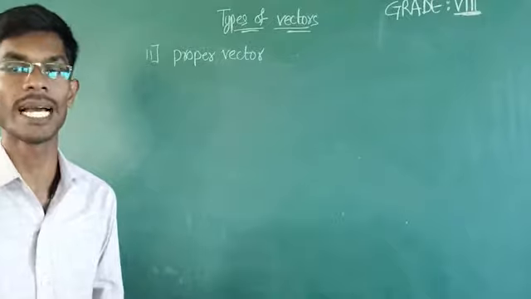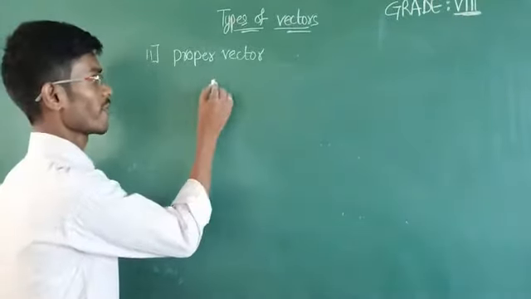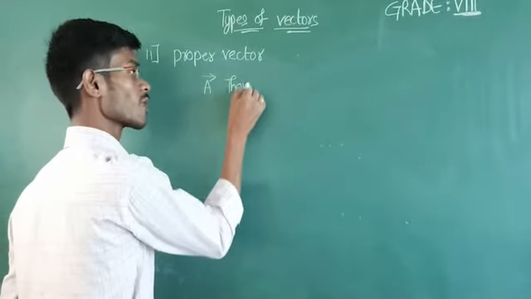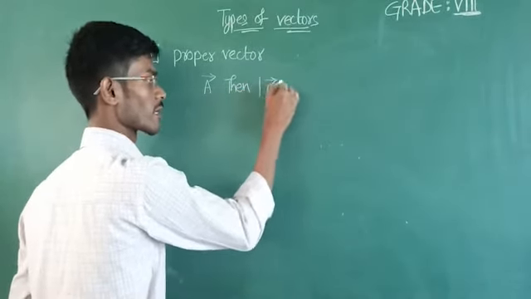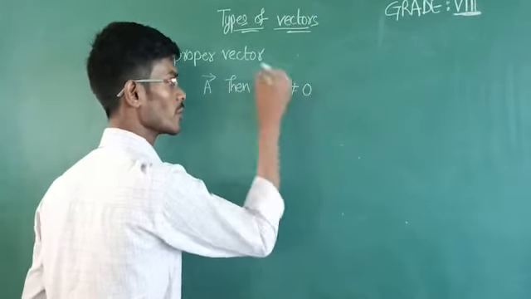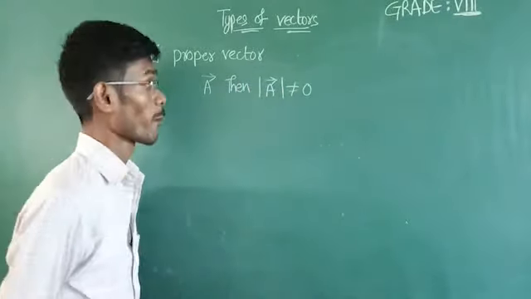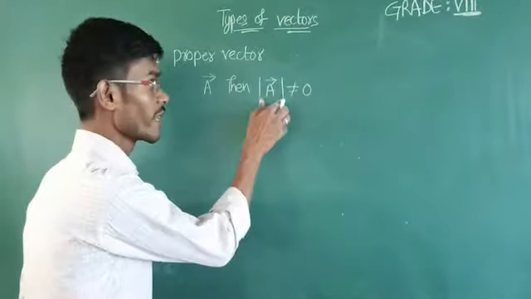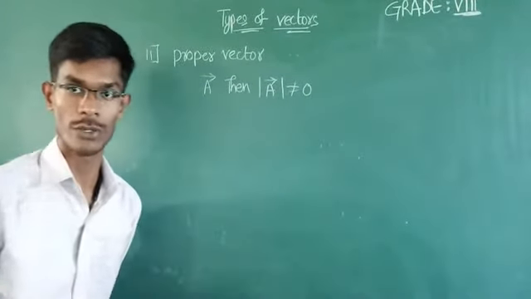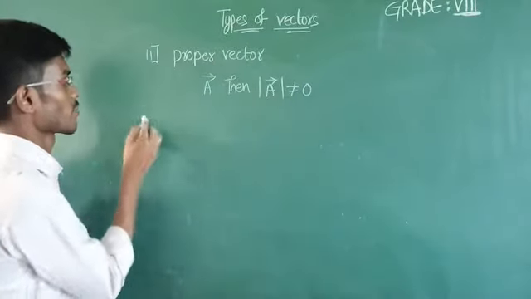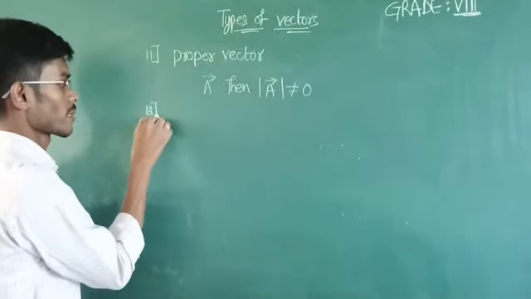If I consider a bar as a vector, then modulus of a bar is not equal to 0. These type of vectors we will call proper vectors. Here modulus of a means the magnitude. The magnitude of a bar is not equal to 0.